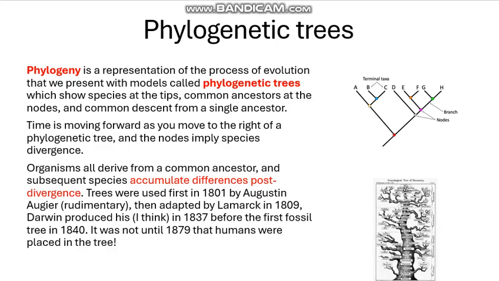Trees were used first in 1801 by Augustin Augier, where he produced a rudimentary phylogenetic tree. This was then adapted by Lamarck in 1809, and then Darwin produced his own rudimentary phylogenetic tree in 1837, before the first fossil tree in 1840.